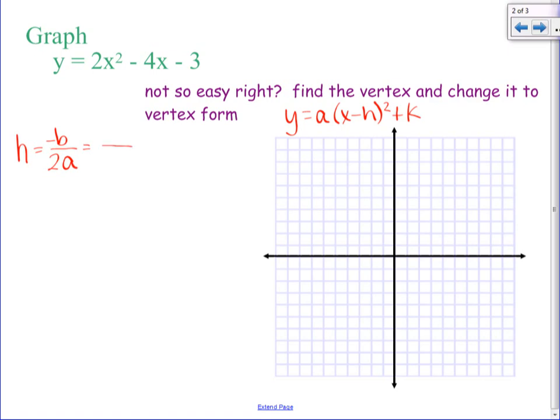Okay, so looking at our equation up here, what would we put on the top? Positive 4, and then 2 times A, which gives us 1. How did we find K? Yep, we plugged this in for X, so we substitute all of those.